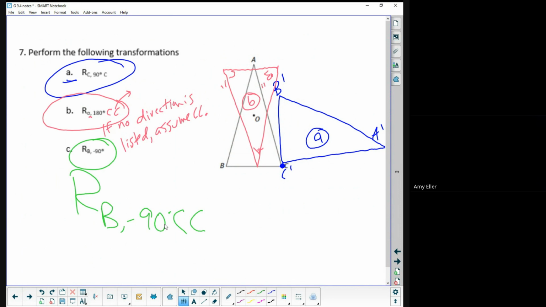So actually, it says negative 90 counterclockwise, but because it's negative, that's actually just 90 the other direction. Try to rotate around point B, 90 degrees clockwise. No direction means counterclockwise.